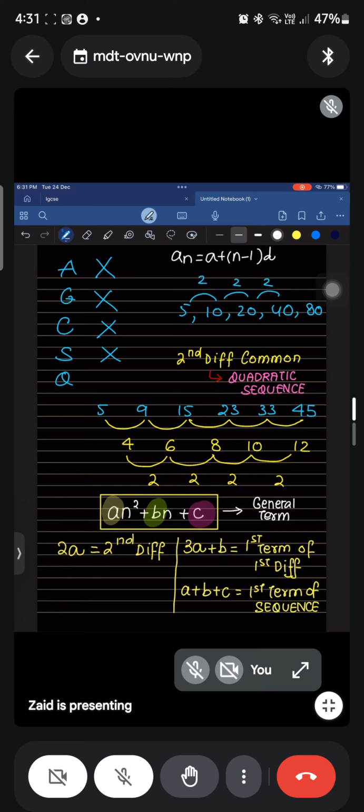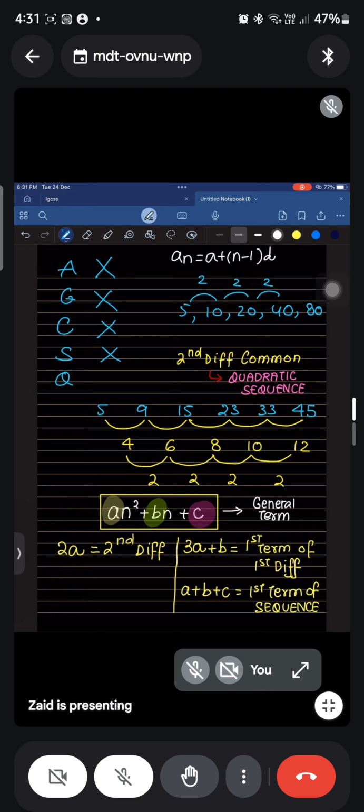2. Okay, perfect. Then 3a plus b will always equal the first term of the first difference. So what is the first term of the first difference in our case? Perfect. And a plus b plus c: you have already found a and b, so you put their values in the third equation and find c.